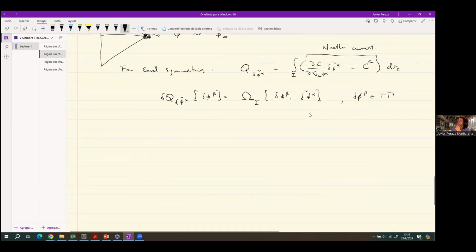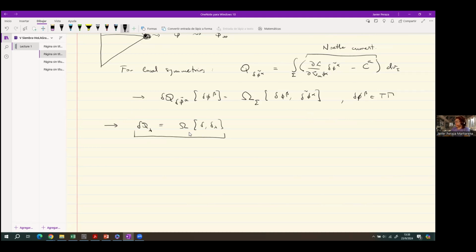The main thing here is that we can simplify all this notation, and usually it is written in the following way: delta Q for some gauge parameter lambda is equal to the symplectic form evaluated at delta and delta lambda. I'm pretty sure that most of you have seen it this way. If you have read papers about this formal construction, you have also read the previous one, but this is our main tool that we are going to use.